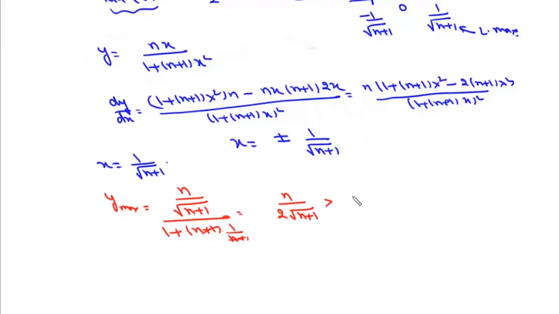Now it is always greater than n upon twice under root n, and we can write it is greater than under root n by 2. Now since n is greater than or equal to 1, this value is greater than or equal to 1 by 2. So its maximum value is actually greater than 1 by 2. That means this option D is incorrect.